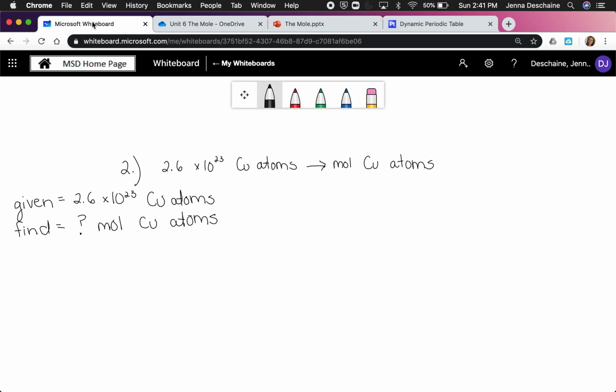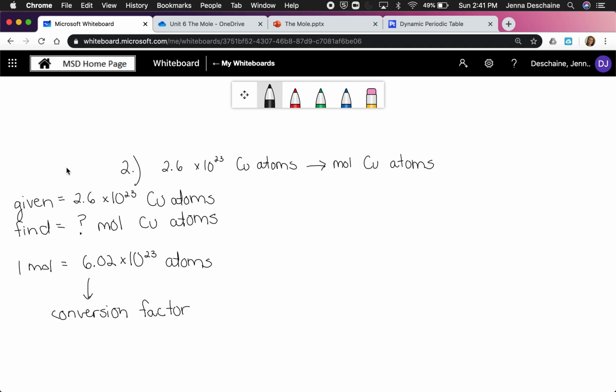So I'm going to write down that 1 mole is equal to 6.02 times 10 to the 23rd atoms. And that's my conversion factor. And this is what I'm going to plug in eventually to solve this problem.